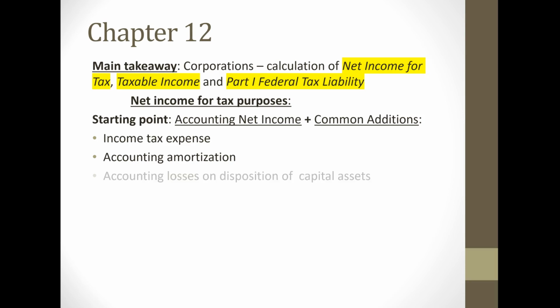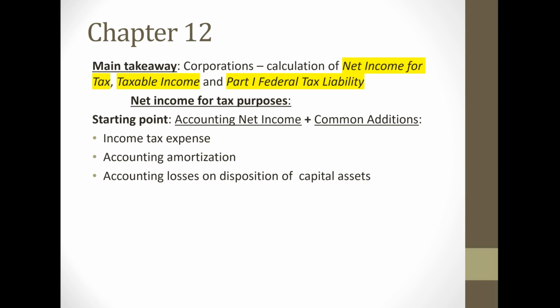Now, accounting losses on the disposition of capital assets, those accounting losses we would have calculated by taking our proceeds of disposition minus our book value of that capital asset, and that accounting loss would have been a reduction to our net income. Now, we are not allowed to deduct accounting losses on the disposition of capital assets.